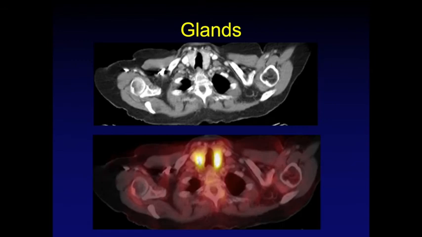Here's another type of glandular uptake. What do you do when the entire thyroid gland lights up? Well, if the entire gland is lighting up, usually that is a thyroiditis and not a neoplasm. This can occur in response to therapeutic radiation, or it can occur from a variety of other sources of, say, subacute thyroiditis.